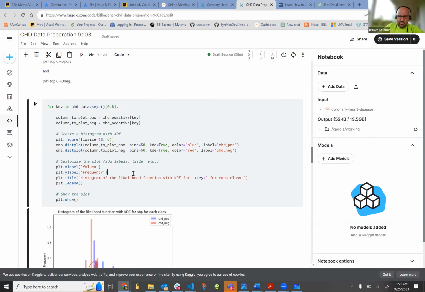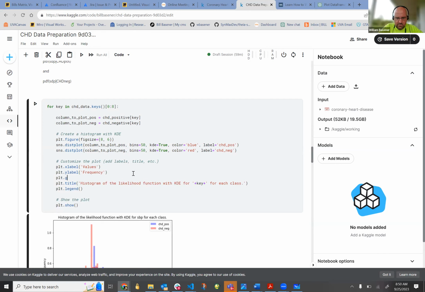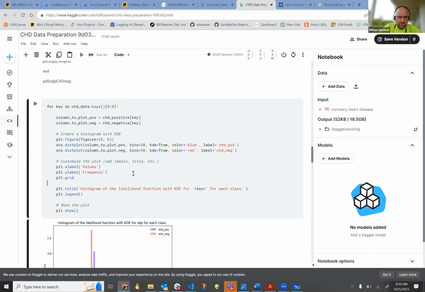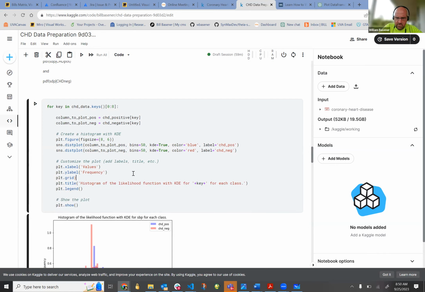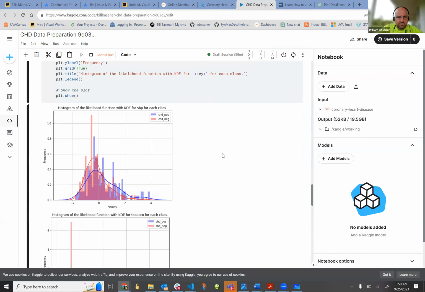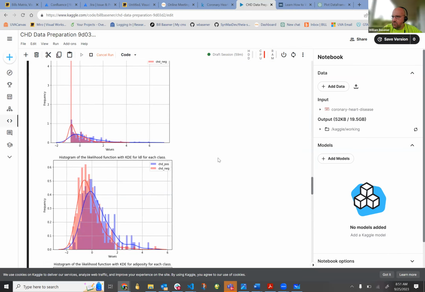Now, I know I'm probably taking too much time on this, but I don't know. I like these with a little bit of a grid on them.